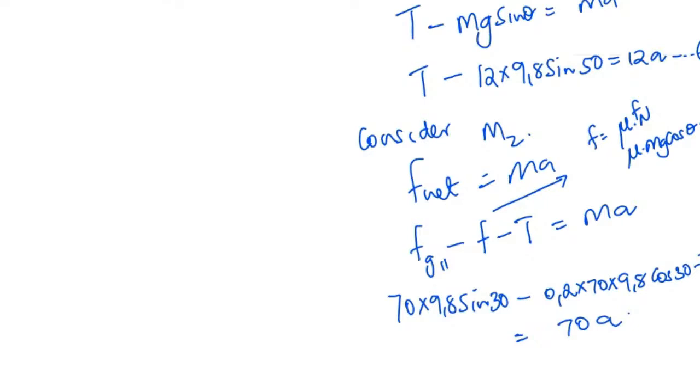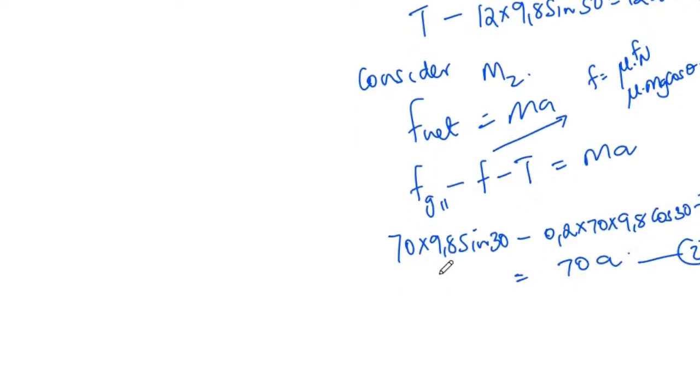Since I'm not interested in getting the tension, I can look at equation number 1 and make tension the subject. So my tension will be 12A plus 12 times 9.8 sine of 50, getting 90.0868.